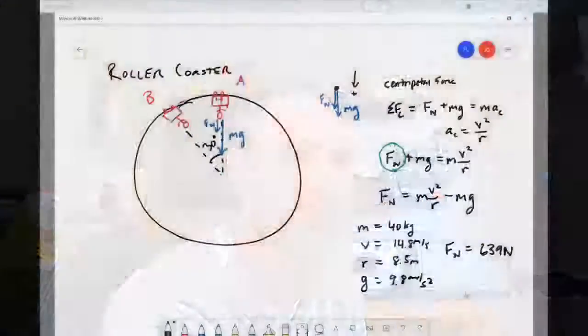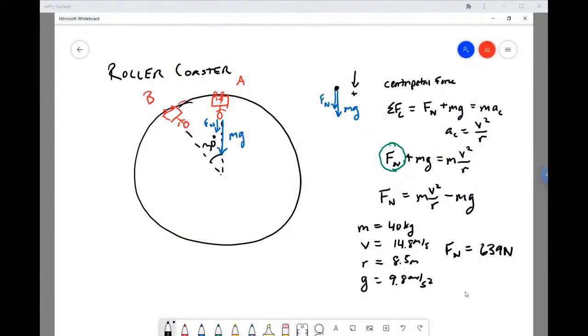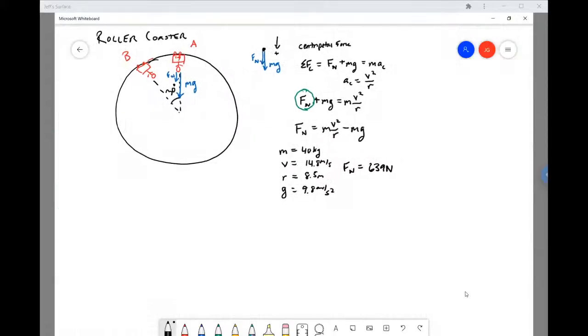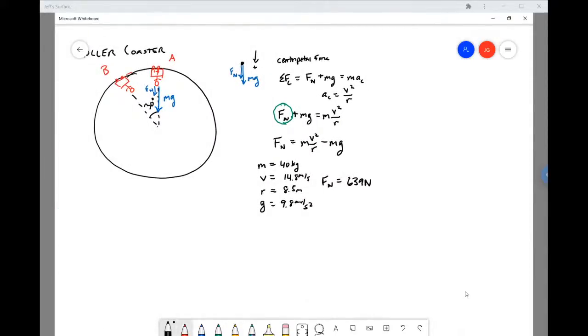So what about the next part of this problem here? Well, for the next part, they want to know, what about at point B? At point B, the free body diagram looks different.